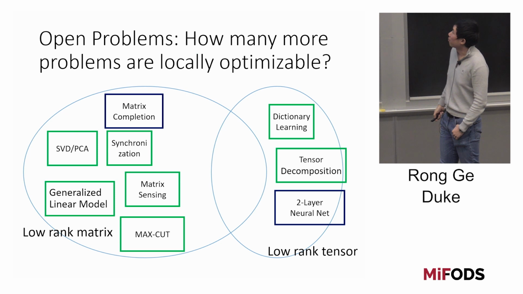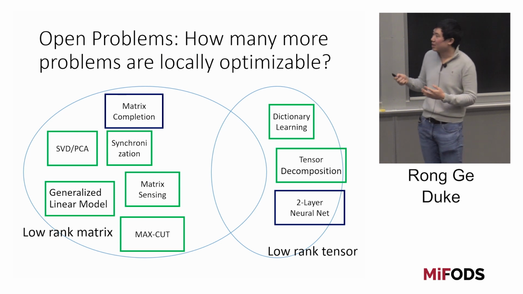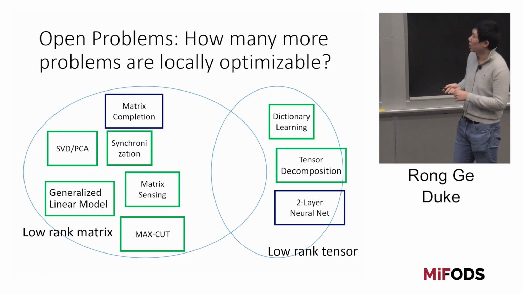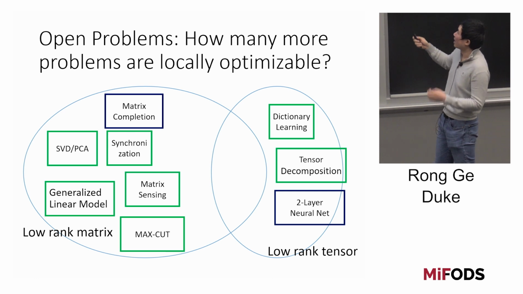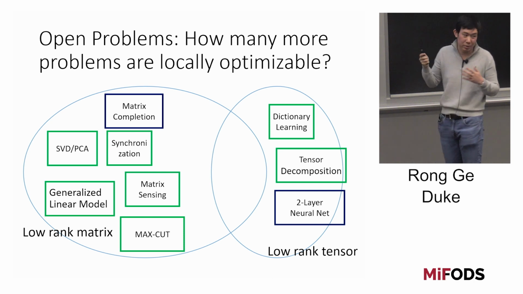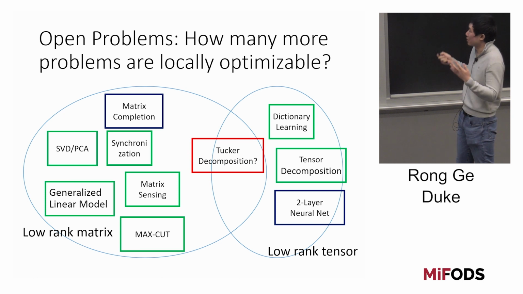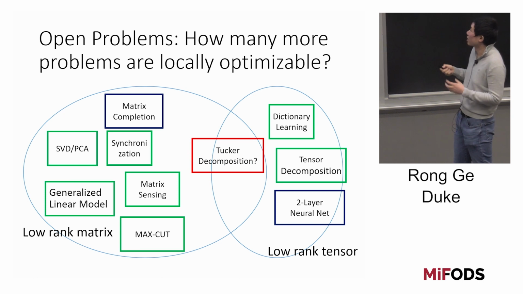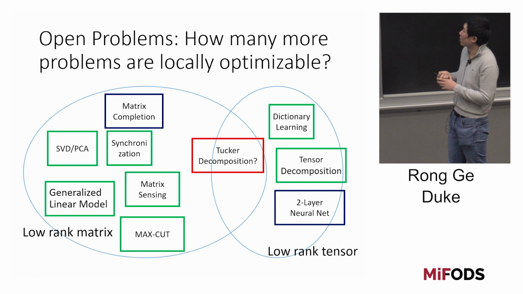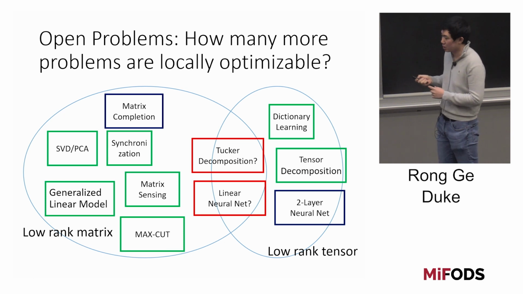So there are many more results. Most of these results for locally optimizable functions are either problems about low-rank matrices or problems about low-rank tensors. And there are some other problems that might be interesting in this category. For example, there are tensor Tucker decomposition or linear neural network, which I'm not going to talk about in detail.